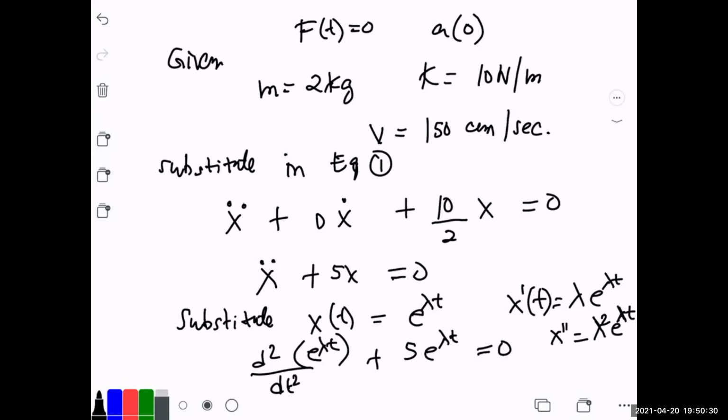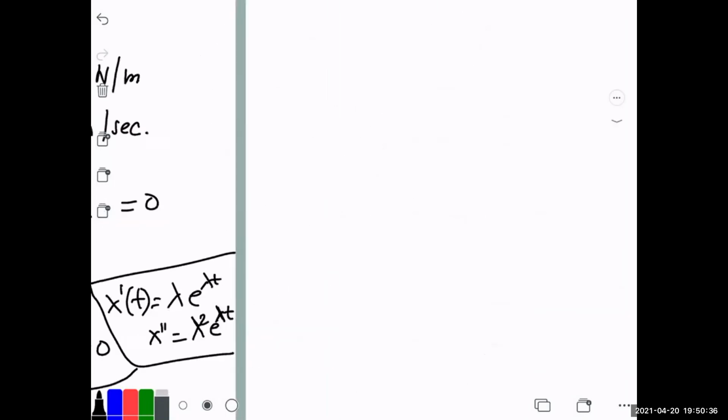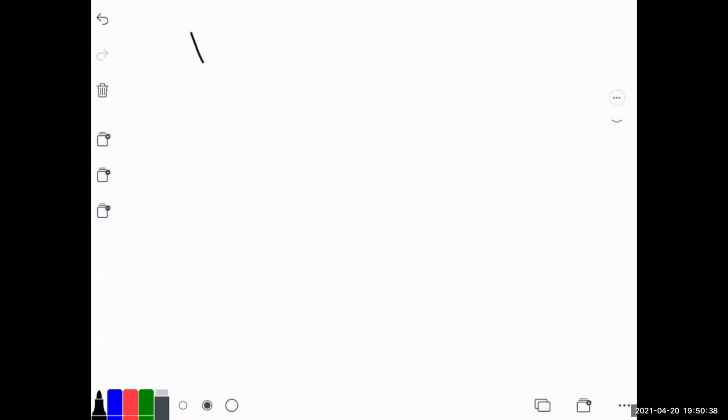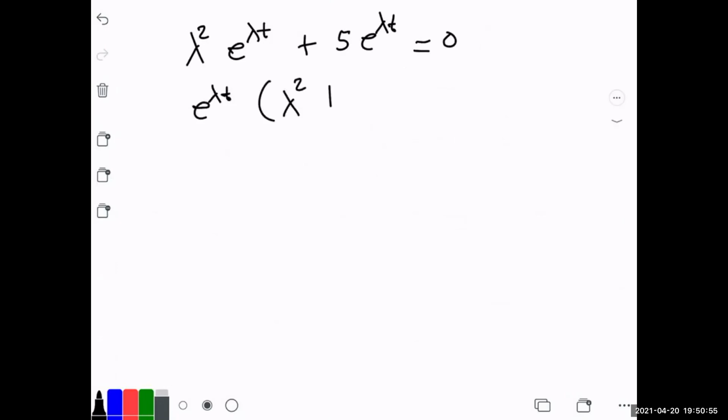Okay, so then let's substitute this in our equation here. This would give us lambda squared e to the lambda t plus 5 e to the lambda t equals 0. Then we can factor out e to the lambda t, so lambda squared plus 5 equals 0.